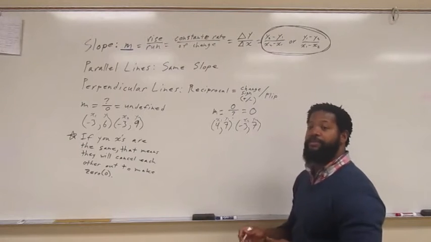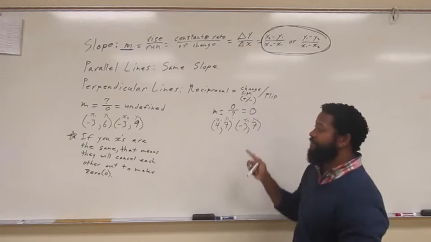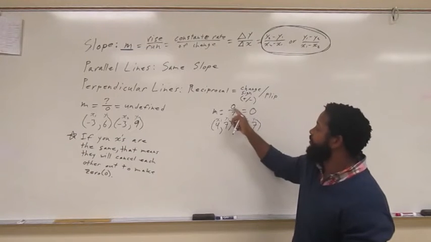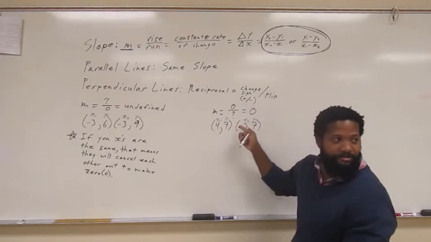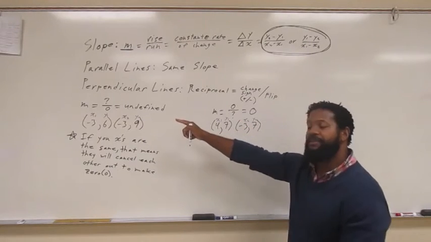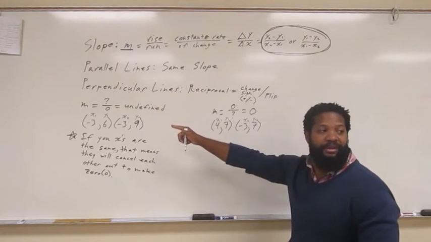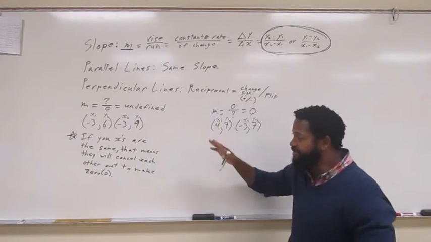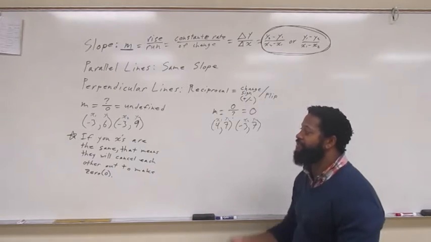That is the difference between undefined and 0. If your slope is equal to 0, therefore there is a 0 in the numerator spot. Doesn't matter what it's being divided by. If it's undefined, that means your 0 is in the denominator spot. It doesn't matter what's in the numerator, okay? Easiest way for you to look at that is just look at the numbers.